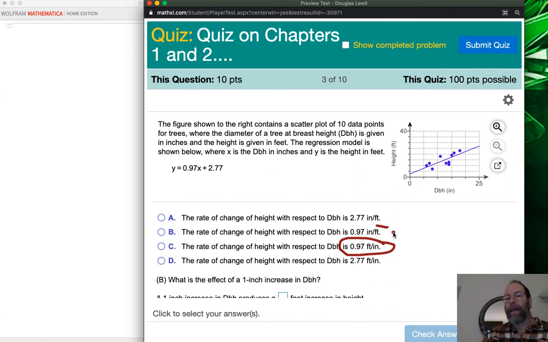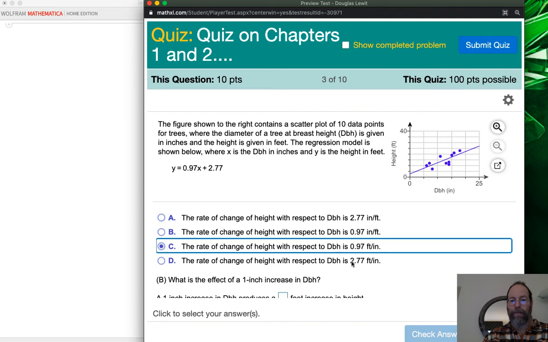In case you're wondering why it isn't inches per feet, it's because the unit is determined by the unit of the y-axis divided by the unit of the x-axis. The slope is the change in y divided by the change in x, so it's going to be feet per inch, not inches per feet. Hopefully that makes sense. So that's 0.97 feet per inch.